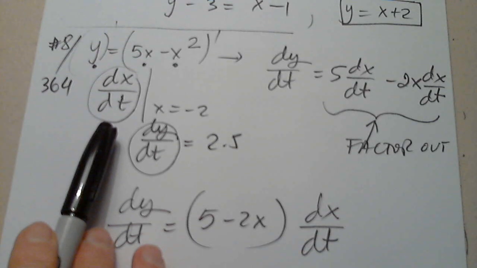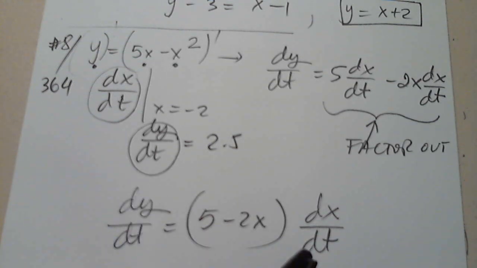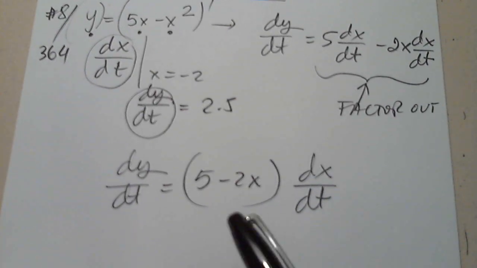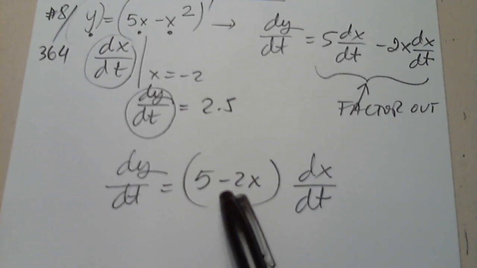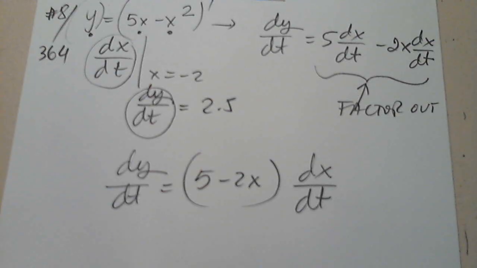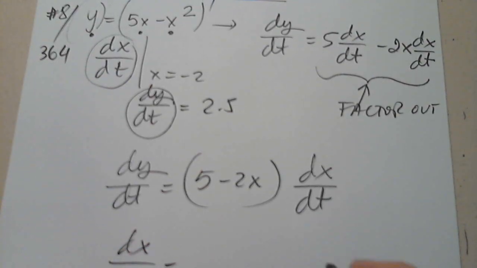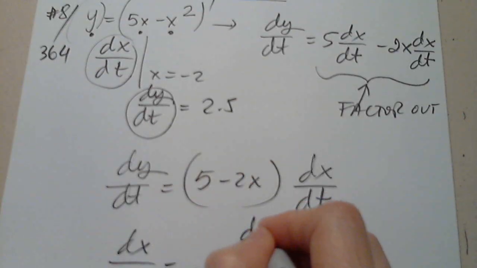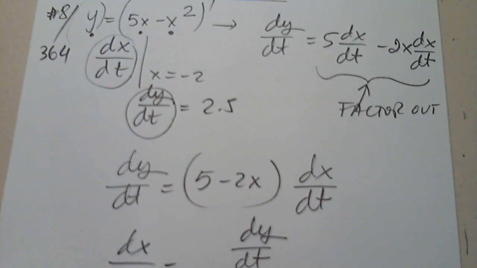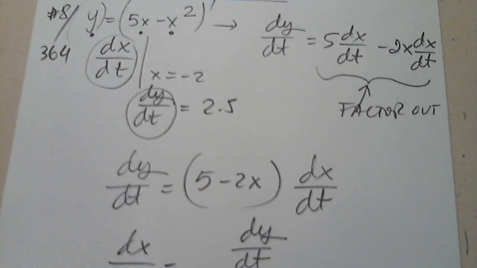Again, I'm after dx over dt, so I can solve this equation now, which is just algebra, dividing both sides by this quantity. So dx over dt equals dy over dt, everything divided by 5 minus 2x.